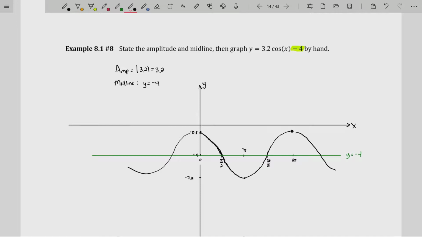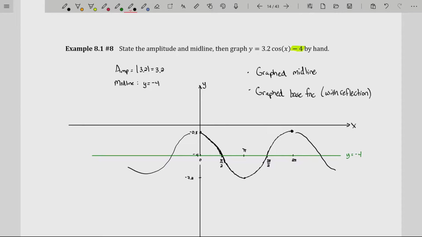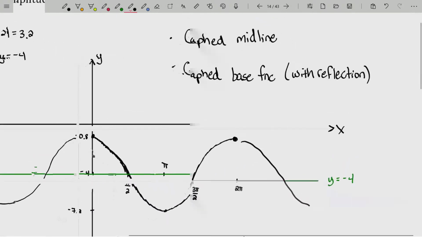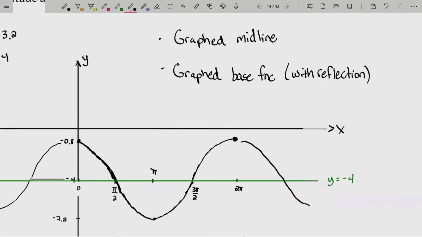I graphed the midline, and then let's see, I'm going to pause so I'll get right there. After graphing the midline, I graphed the base function. If it had a reflection, I would graph it with a reflection, but it didn't have a reflection, so I didn't need to do that. I then labeled the key points. Those are the axial points, or the quadrantial points: 0, pi over 2, pi, 3 pi over 2, and 2 pi.